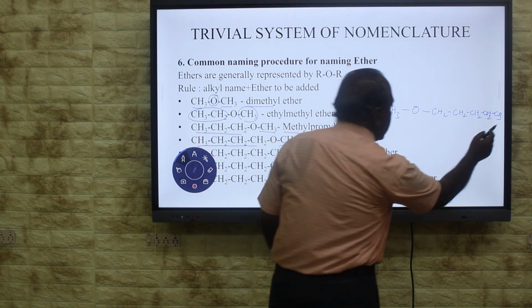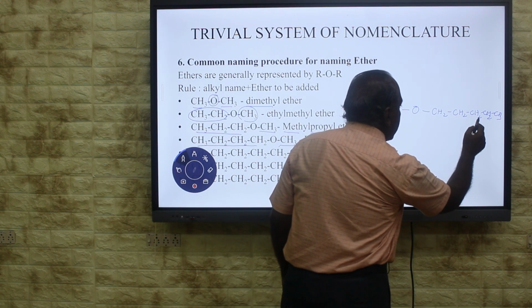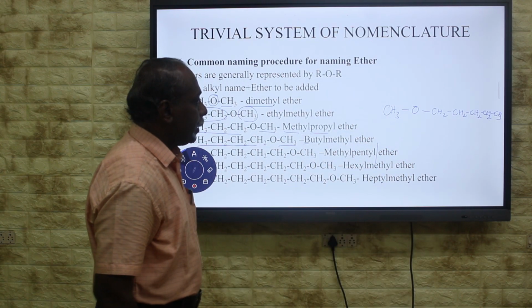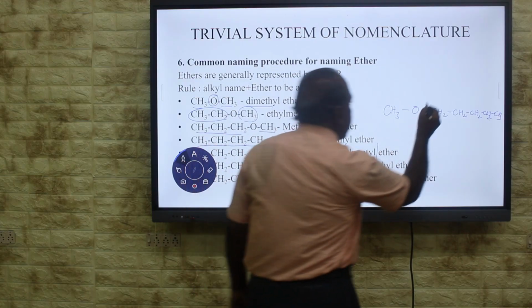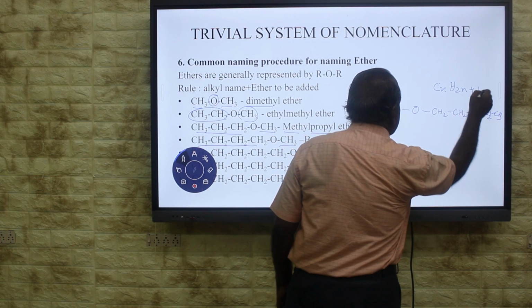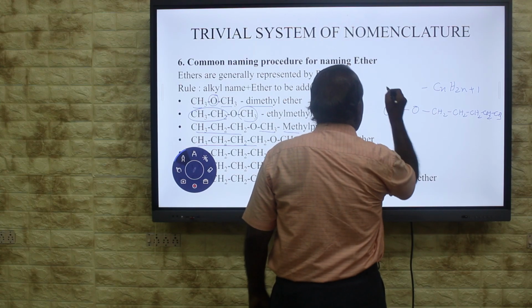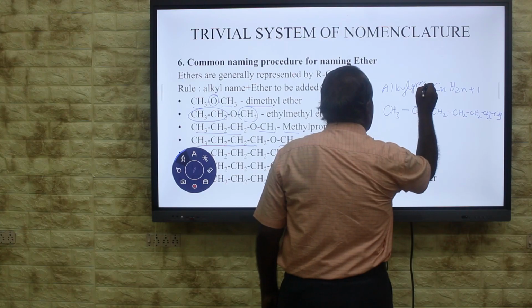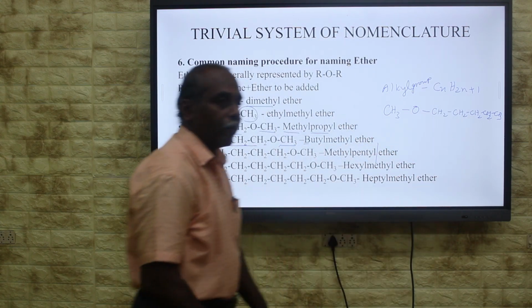You can check it: 3, 5, 7, 9, 11. That is pentyl. It can be checked with the help of this general formula CnH2n+1. That is the general formula for an alkyl group. An alkyl group can be checked with the help of this general formula.